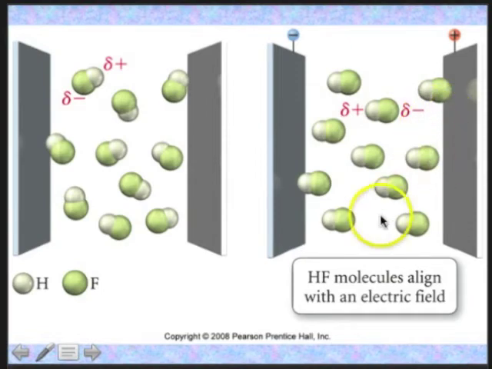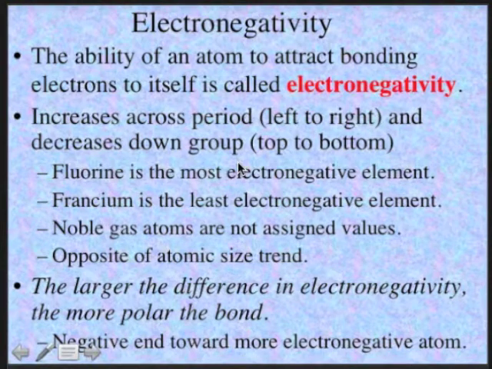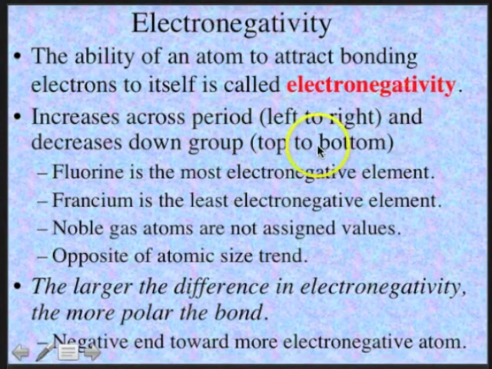Dipoles are directly affected by electronegativity, which is the ability of an atom to attract bonding electrons to itself. Electronegativity increases across a period from left to right and decreases down a group from top to bottom. So fluorine is the most electronegative element.